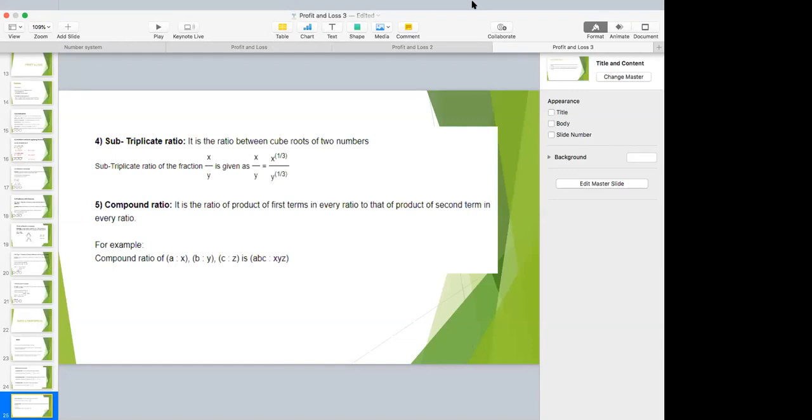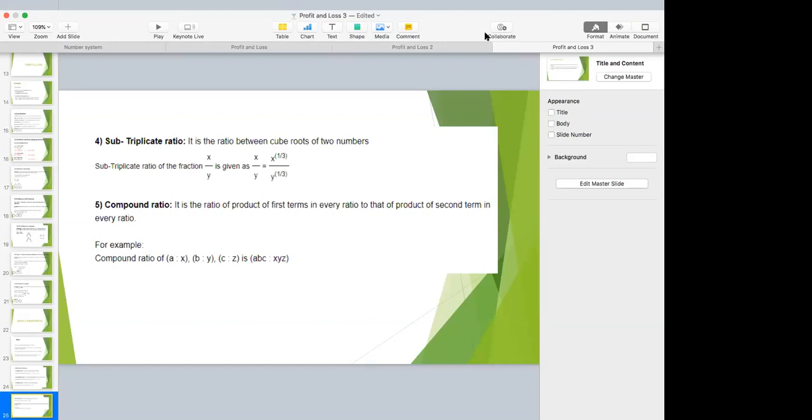What is the example saying? That if we have to find out the compound ratio of a by x, b by y, and c by z, so we have three different ratios with us. We have a by x as the first ratio, the second ratio is b by y, and the third ratio is c by z.